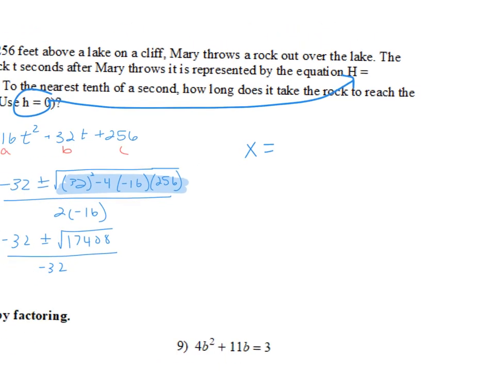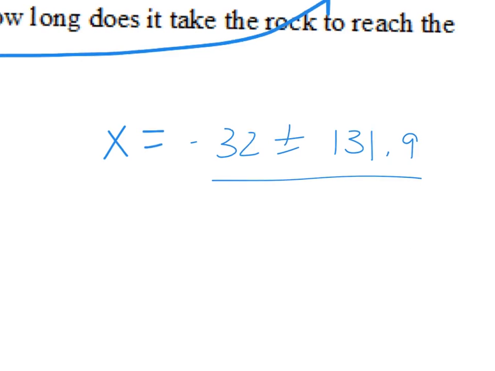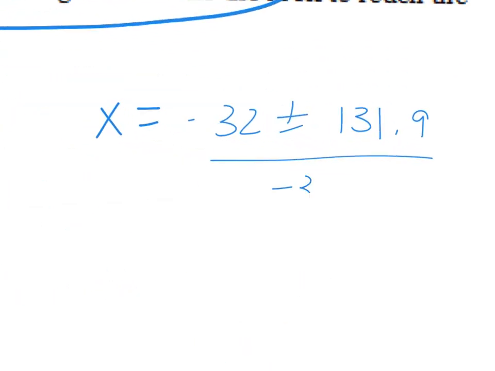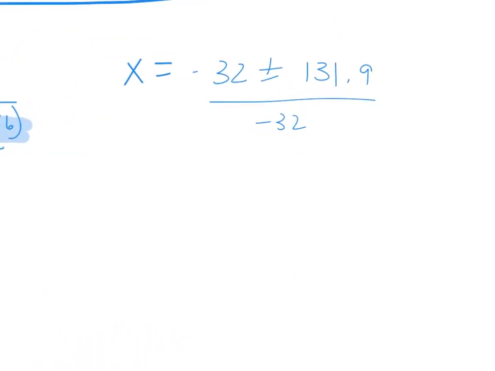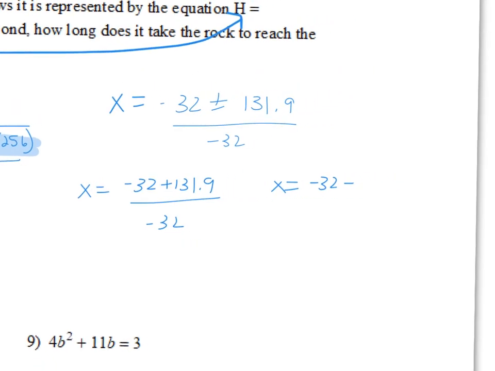So now I've got x equals negative 32 plus or minus, and when I square rooted that, I got 131.9 divided by negative 32. Let's break that up into our two different parts here. So I've got x equals negative 32 plus 131.9 divided by negative 32, and I've got negative 32 minus 131.9, and I'm going to divide that by negative 32.